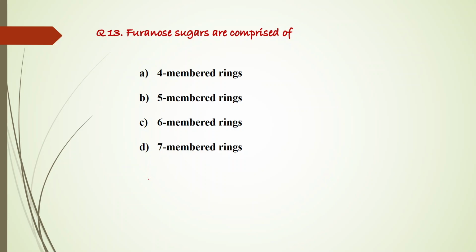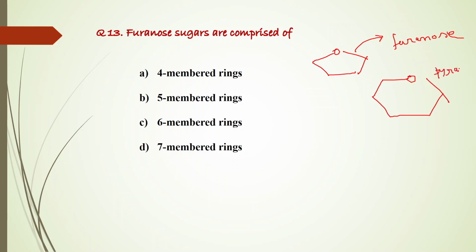Furanose sugars are comprised of what? We just discussed it, so I will not spend much time on it. You all know we have two different types of sugars. One is named after furan and another is named after pyran. Furan is a 5-membered cyclic ring containing an oxygen atom, and sugar moieties looking like this are known as furanose, and looking like this are known as pyranose.